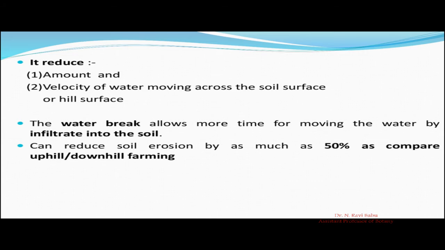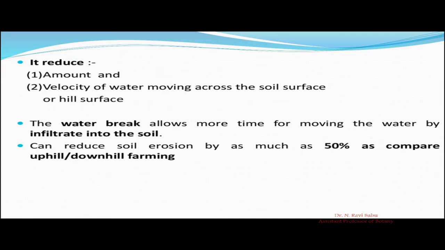Friends, you can imagine here in a given area where we are practicing agriculture, the crops are grown at right angles to the natural slope of the land. That is about contour strip cropping.